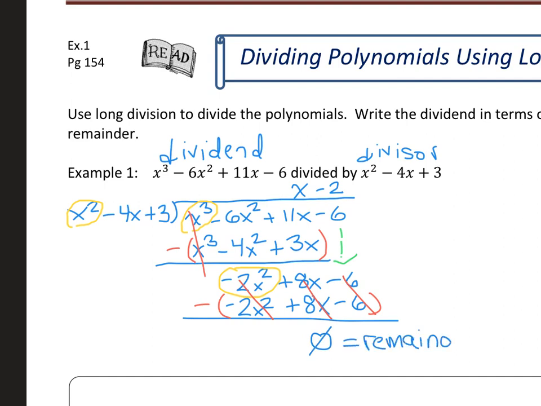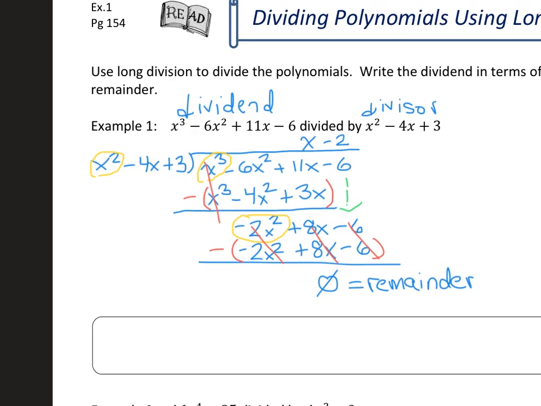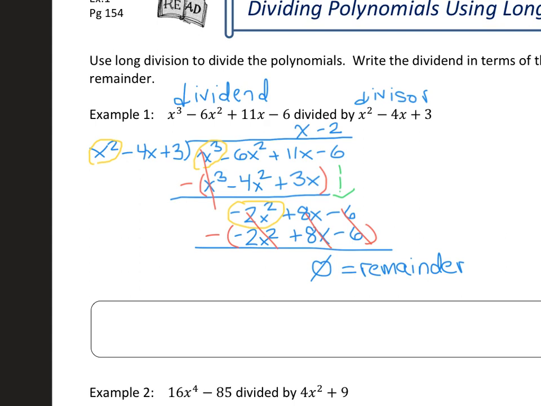And consequently, as we mentioned in a previous video, if our remainder is 0, then the divisor is a factor of the dividend. So the goal here is I could rewrite our division. You know what?